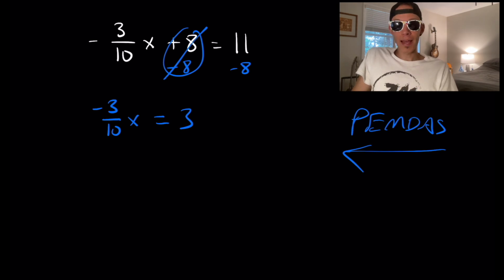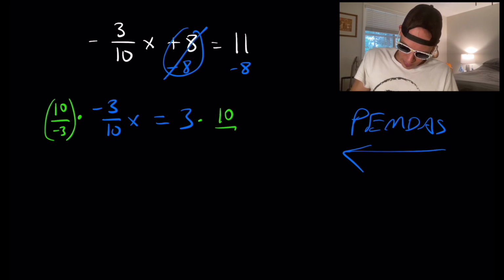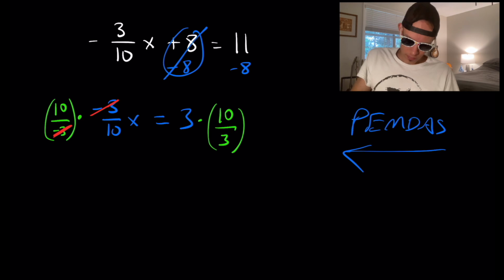So I'm multiplying x by a fraction. So I'm going to multiply both sides by the reciprocal, or that fraction flipped. So I'll do times 10 over negative 3, on both sides. So here we'll see that the negative 3's cancel because I got 1 up top, 1 on the bottom. And then same thing with the 10s.